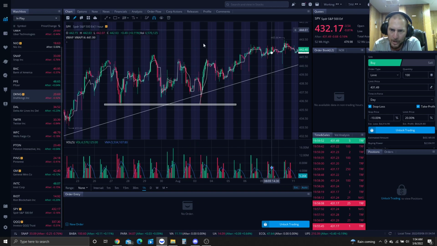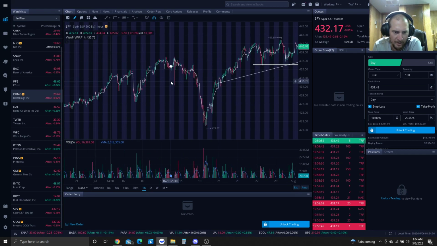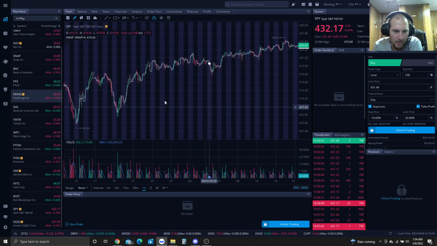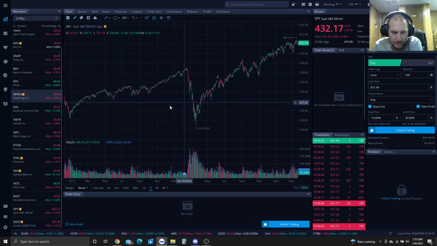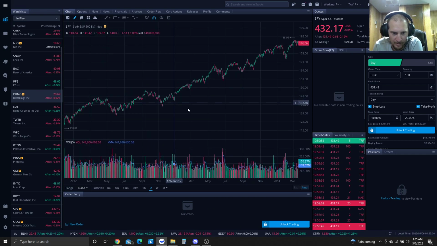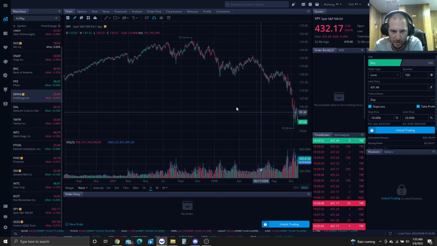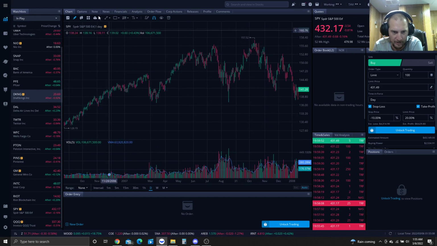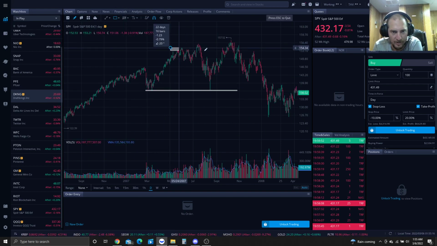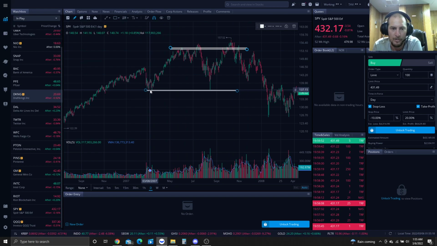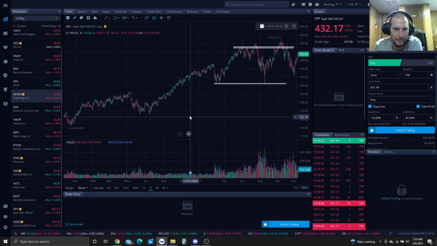And like I said, any ticker, doesn't matter which one. If we go all the way back here to the dawn of time, on any ticker, these levels are going to print over and over and over again. Look, demand level here, previous market structure here, exact same levels, right, almost.